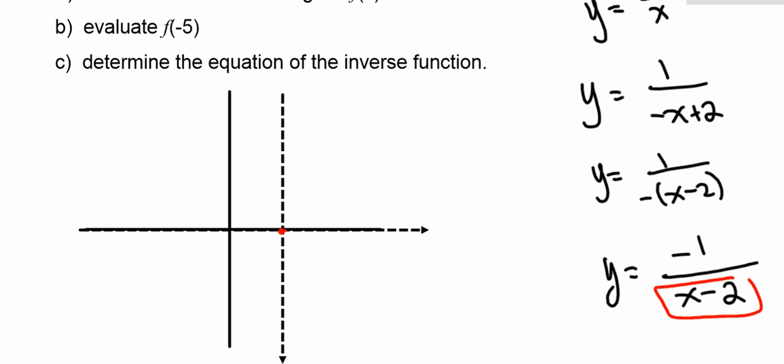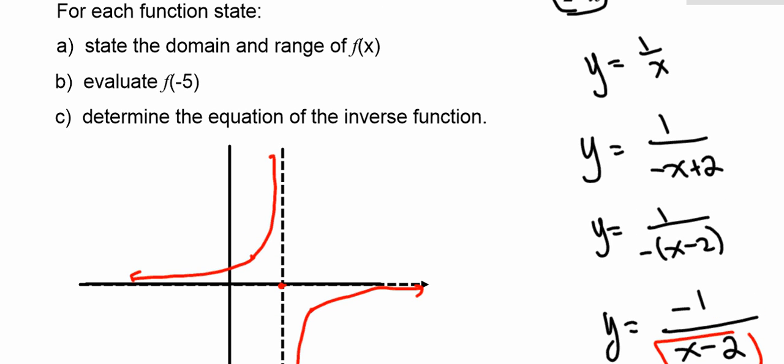And also, because of the reflection, instead of going 1, 1, I'm going to go 1, down 1. So I end up with this graph. One of the big messages of MCR3U is to be able to draw a quick sketch of a function, because then no matter what, we should be able to answer questions based on it.